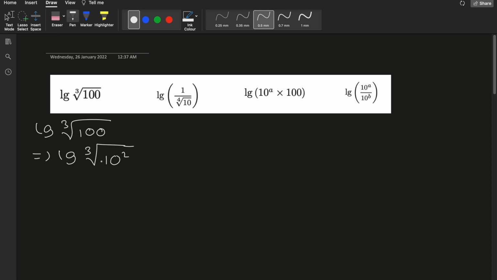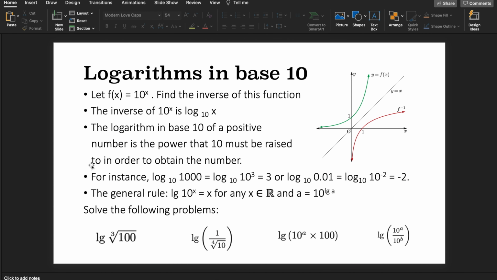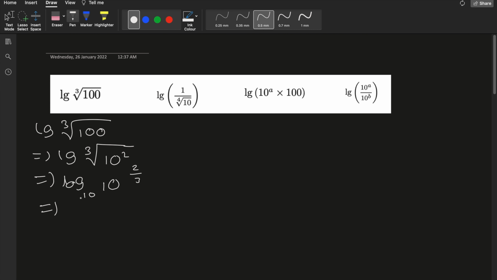We already know that this could be written as 2 by 3. We learned this in exponents. So this is basically log base 10 of 10 to the power of 2 divided by 3. As we learned in the general formula, this would be equal to 2 by 3. You could use your calculator to find it and you'll still get the same answer.